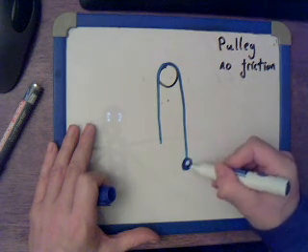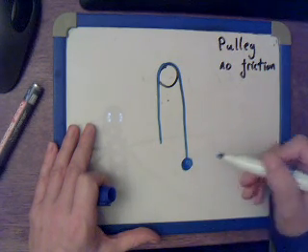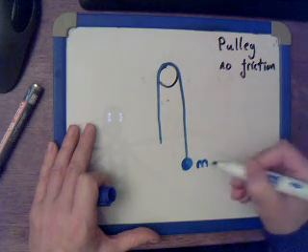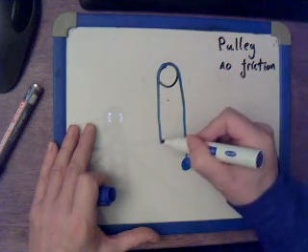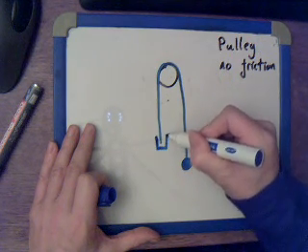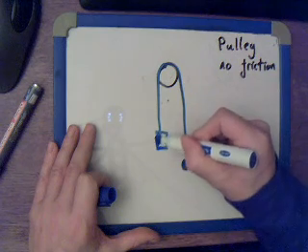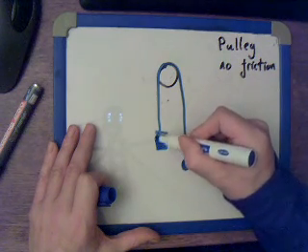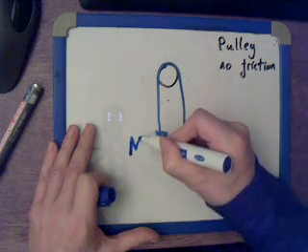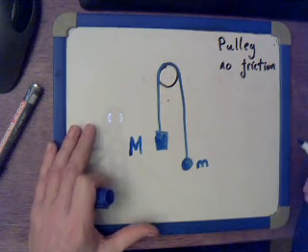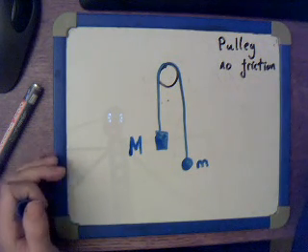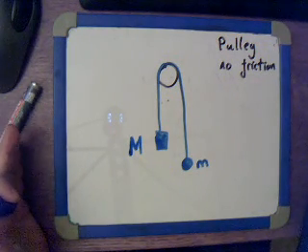This is the smaller mass, which we will label little m, and here we'll have a larger mass, which we will label capital M.